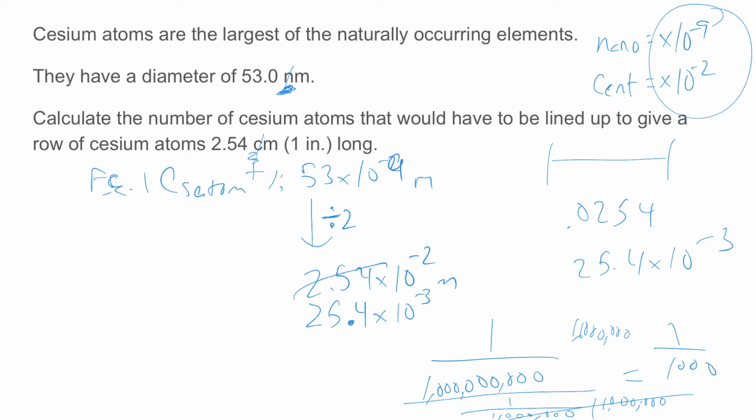And that would get us here. So we're dividing by 2 times 10 to the negative 6th, because we want to get to this number. Remember, we're ignoring that one. So we're going to divide by 2 times 10 to the negative 6.